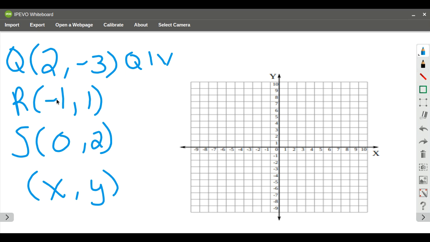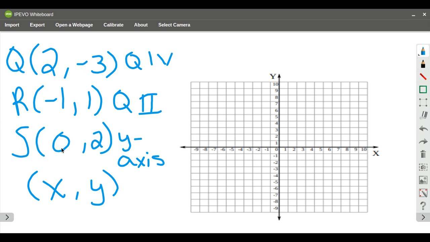R is negative x, positive y. So it's going to be in quadrant 2. S is not going to be in any quadrant. S is actually going to be on the y-axis, and I can tell because I don't move left to right.